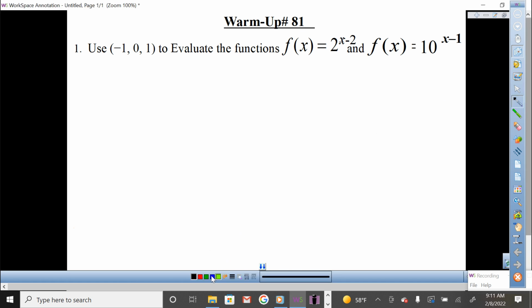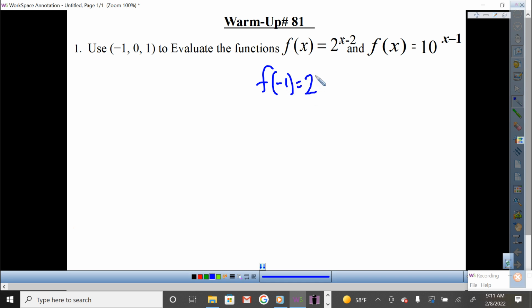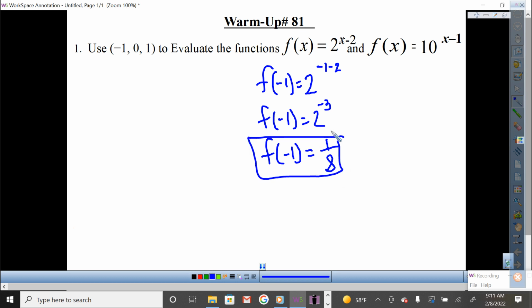To evaluate, f of negative 1 equals 2 to the negative 1 minus 2, which is 2 to the negative 3, so f of negative 1 is 1 over 8. Hands up if you got that. Okay? And once again, how do we get there? We can't have a negative exponent. We put that over 1 and do the reciprocal. Make sure you're following that process.